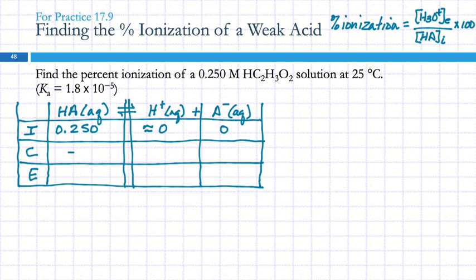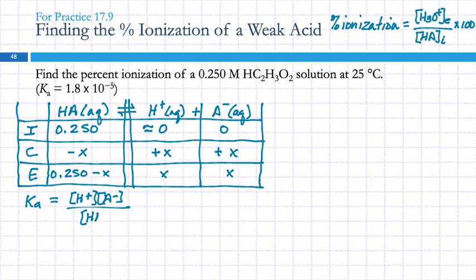And so this is where we are going to use X's because we don't know how much it changes. So if we plug these things in, our Ka was 1.8 times 10 to the minus 5.